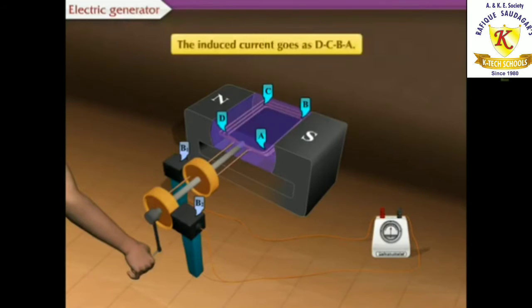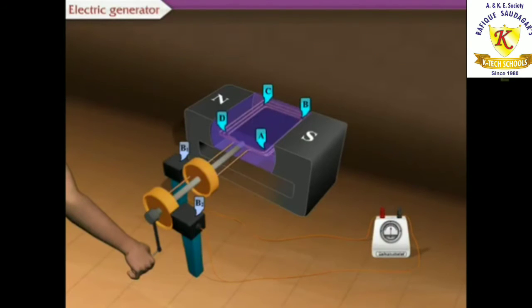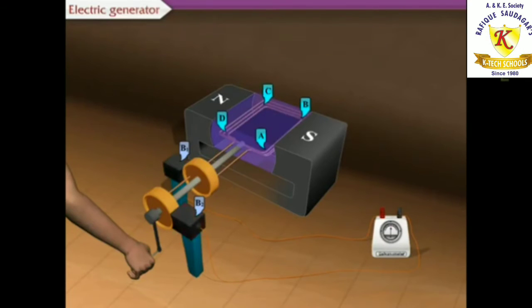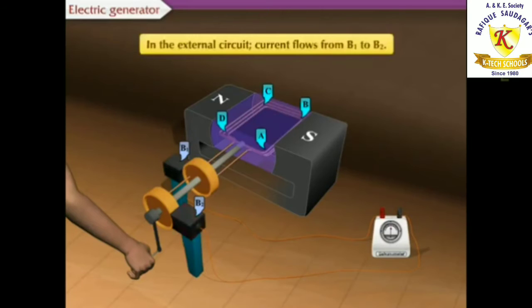The induced current then goes as DCBA, and branch BA is always in contact with brush B1. Branch DC is always in contact with brush B2. And in the external circuit, current flows from B1 to B2.